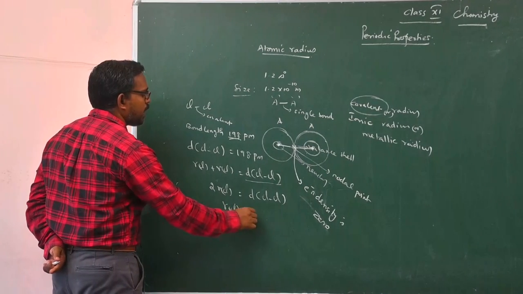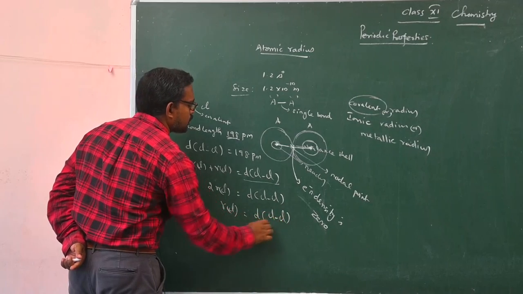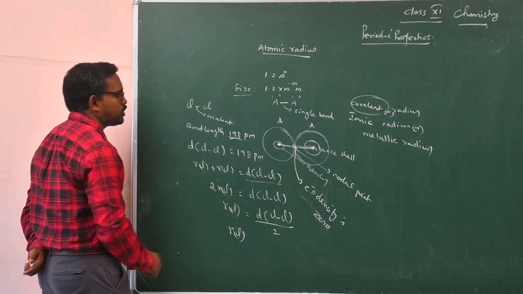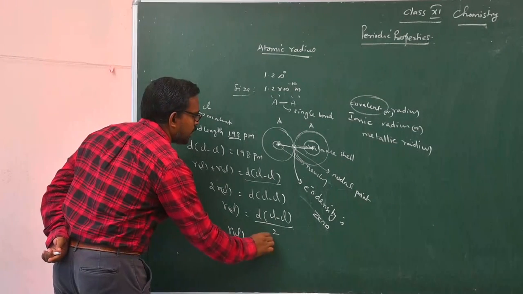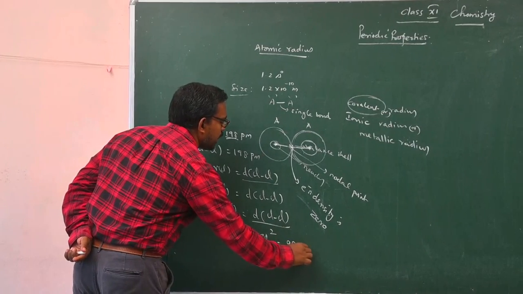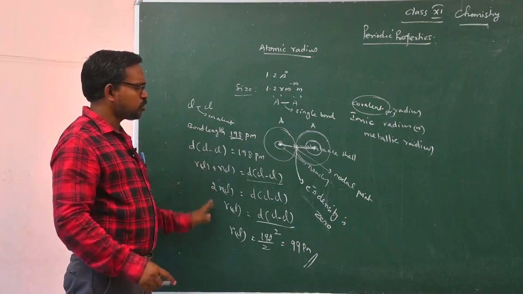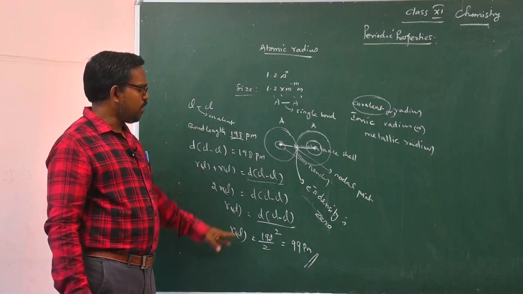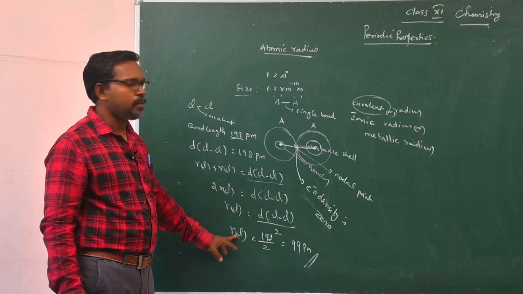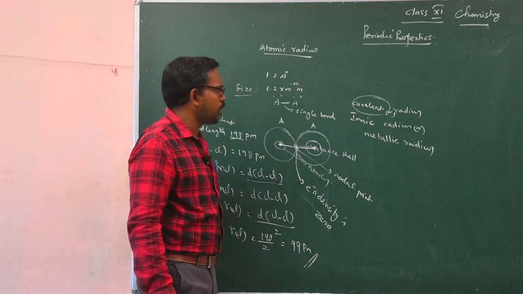Therefore, the radius of a chlorine atom is equal to the diameter of the chlorine single bond divided by 2, that is 198 divided by 2, which equals 99 picometer. So this is a way to calculate the radii of a covalent molecule, especially in the case of chlorine.